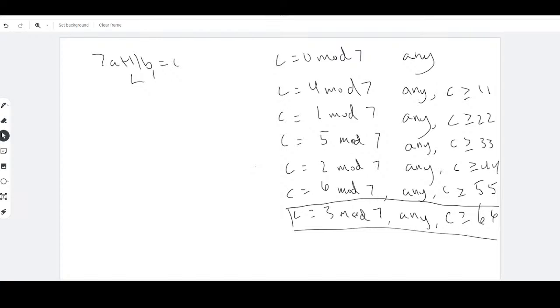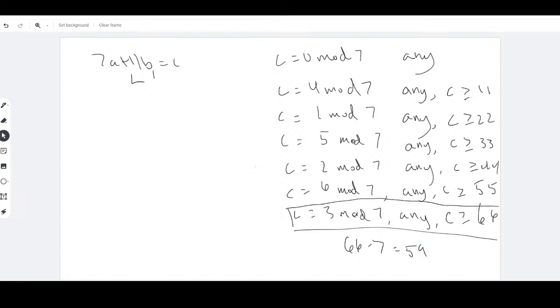Well, we can get C equal to 66 and anything above that, but we cannot get the C below that that is also 3 mod 7. So what is the C that is 3 mod 7 directly below 66? It would be 66 minus 7, because 66 is already 3 mod 7.